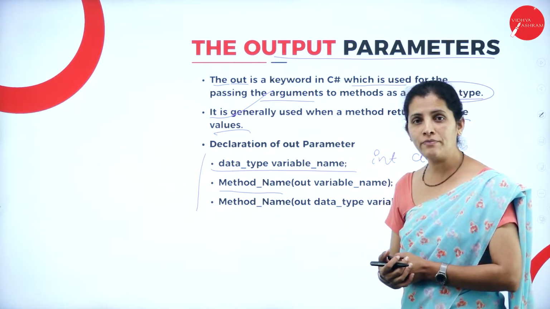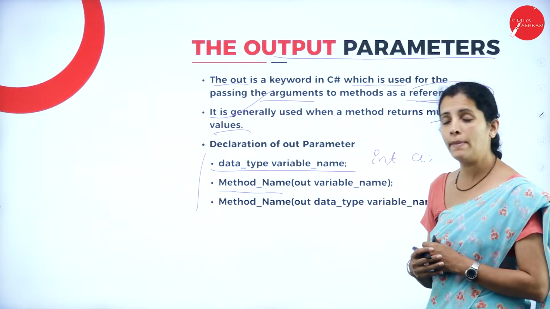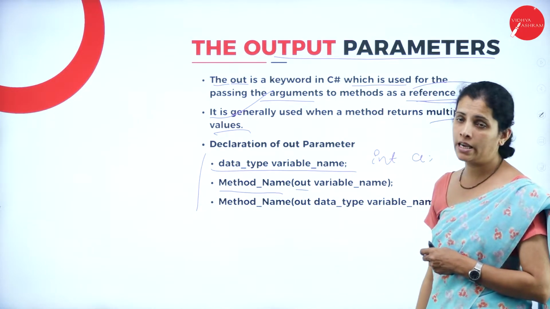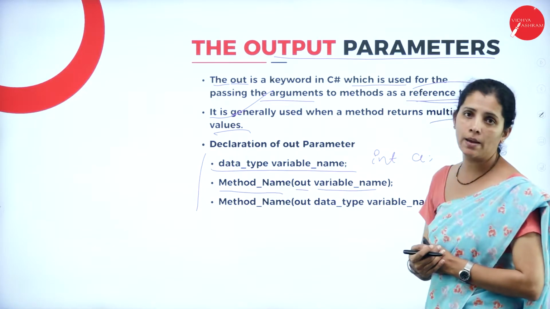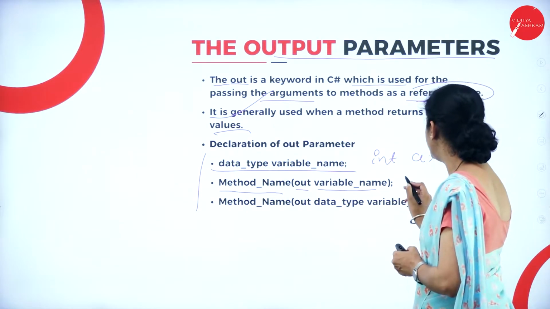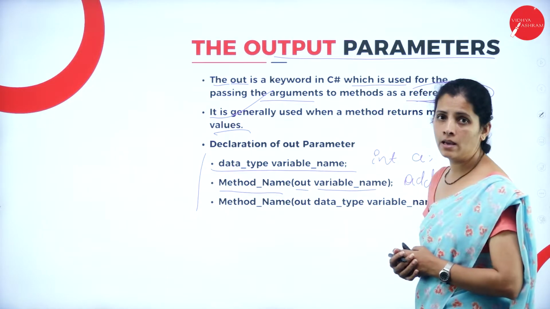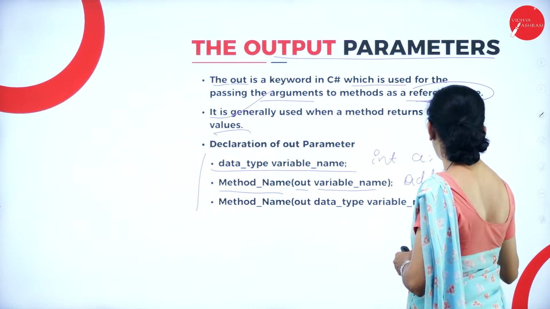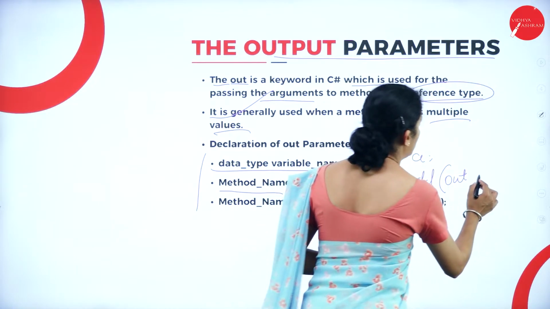So I want to specify any valid user defined method name, and I want to write the out keyword. Along with that, I want to specify the variable name. Example, add. So here add is my method name, and I'm going to use output parameter. So it is out. Now I will write a.